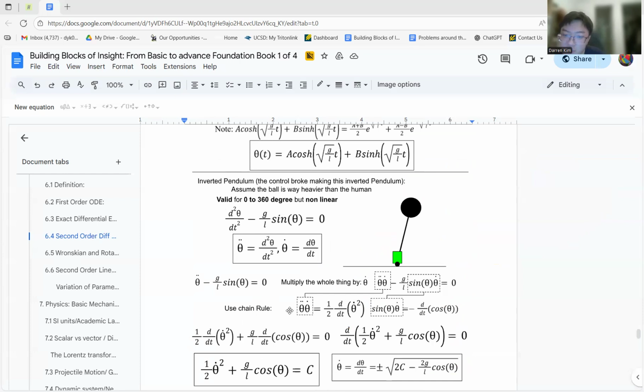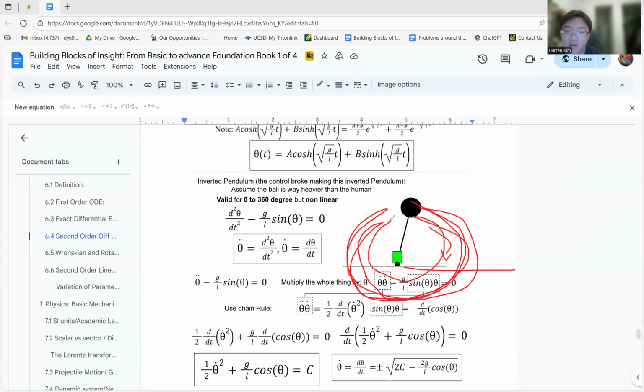Because of this wall over here, I made it crash. But with this ODE, you can theoretically make it go like this, like this, all you want. And I don't want to do it because there's no point. I showed you over here.